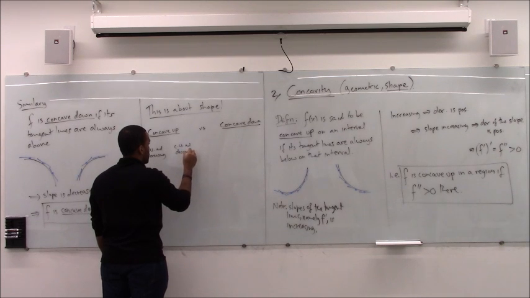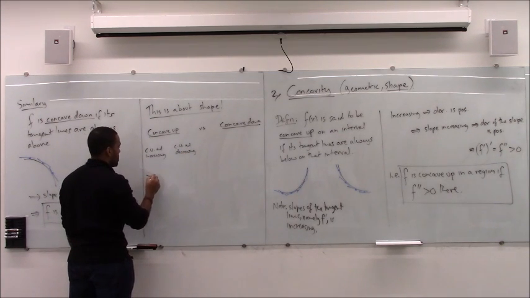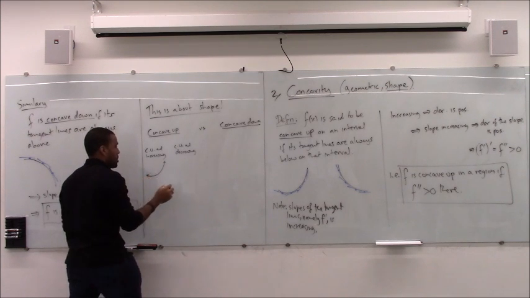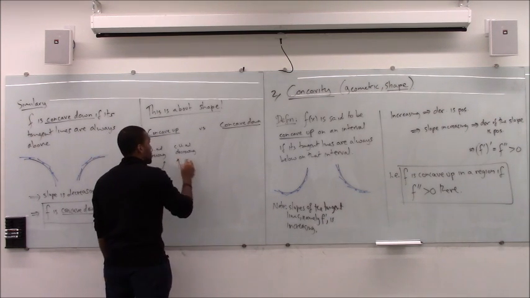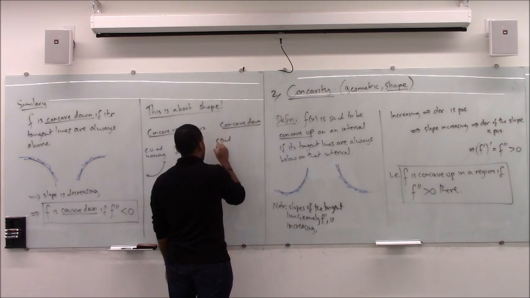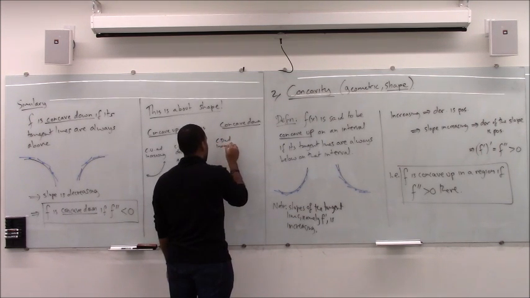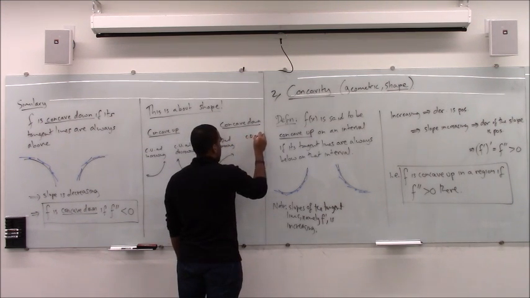It doesn't have to do with increasing or decreasing. So you can be concave up and increasing. You're going to shape like that. You can be concave up and decreasing. You're going to shape like that. Here you can be concave down and increasing, like that. And you can be concave down and decreasing, in a shape like that.